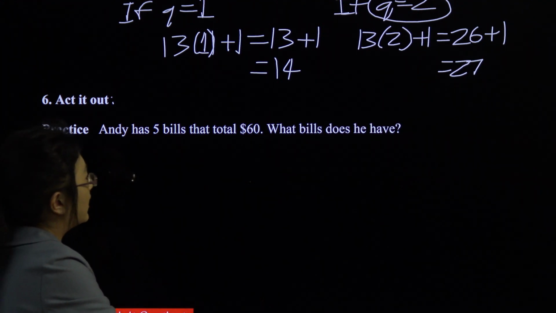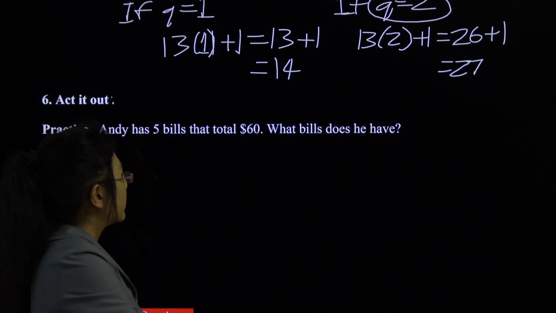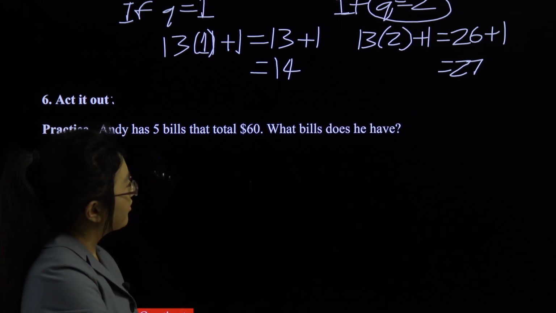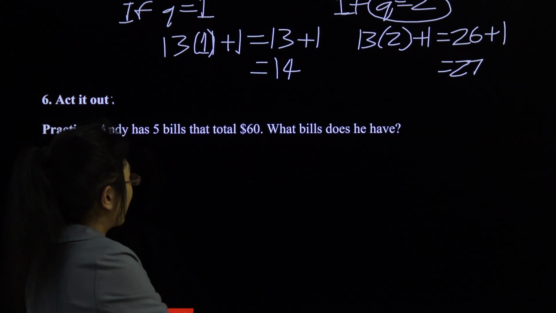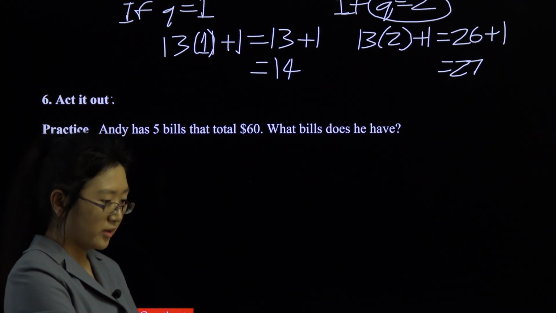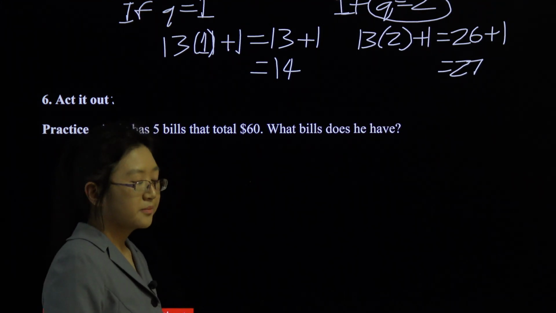So we know the customary bills. You obviously can't have a $50 bill because you can't have 4 bills with a total of $10.